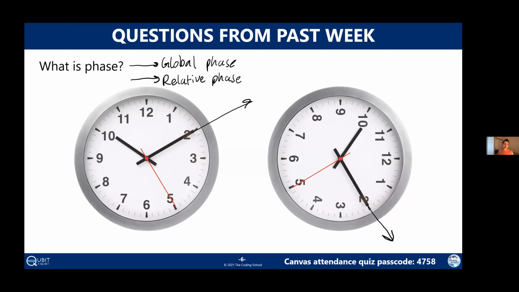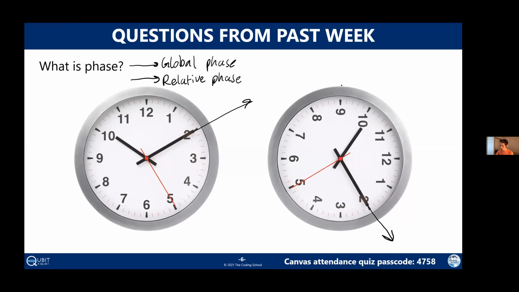Just saying that the minute hand is over the 2, however, is a relative description. It's relative to all the numbers that we see on the clock face. So if we rotate the minute hand and the clock face together, the relative description doesn't change. Now, when we're telling time, the thing we care about is the relative position of our clock hands.